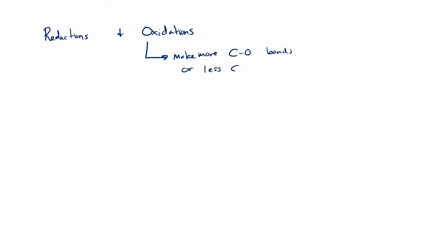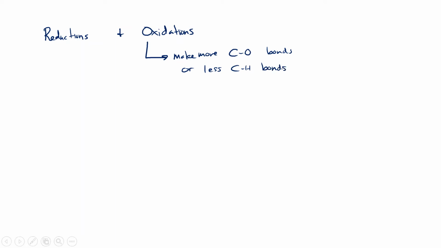We have reductions and oxidations. To define these terms, in oxidations, we make more CO bonds or less CH bonds.